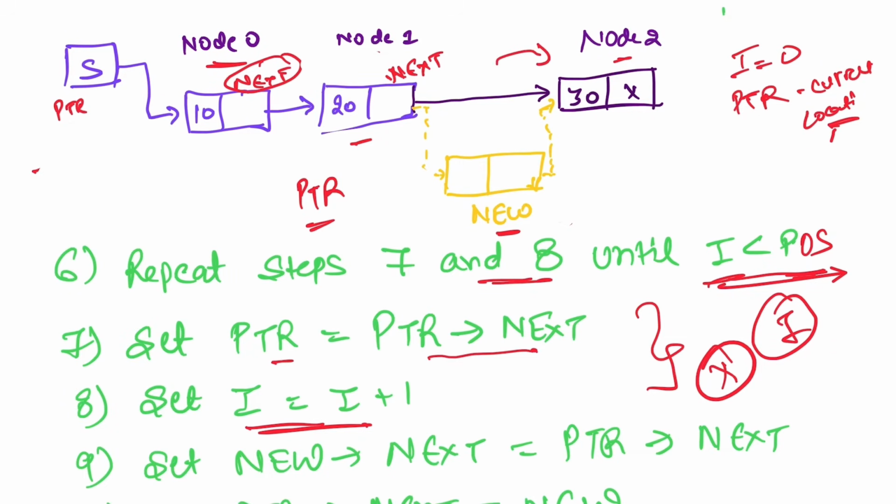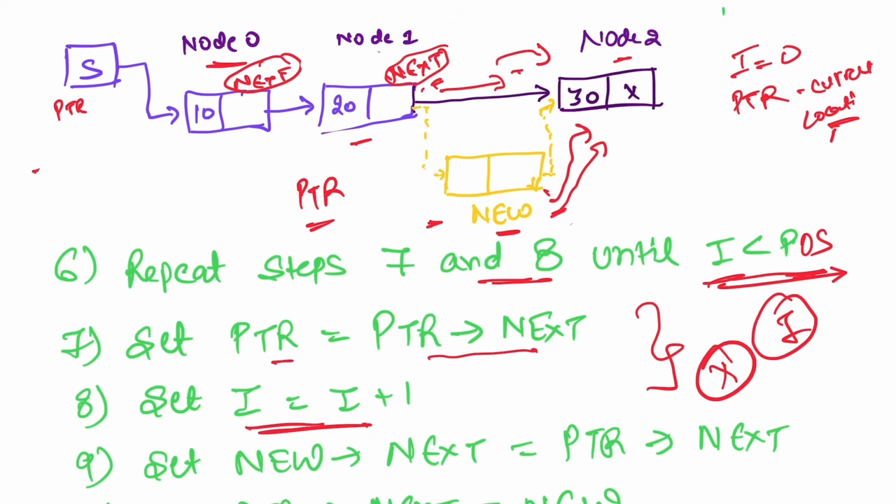But if I attach the new node in between, then the address of node 2 should be contained in the new node's next. I hope that is clear, because previously node 1 is pointing to node 2, but if I join this adjoining node, the new node will be connecting with node 2.